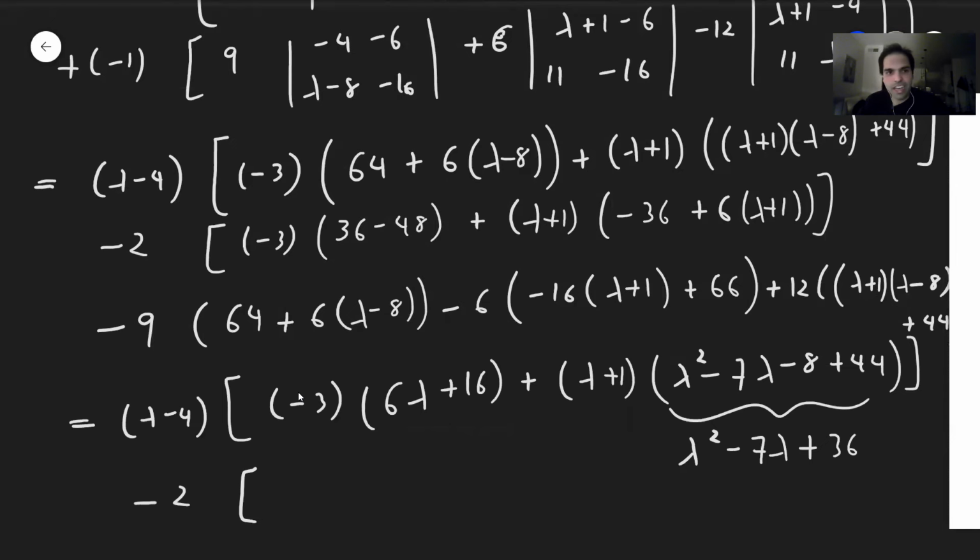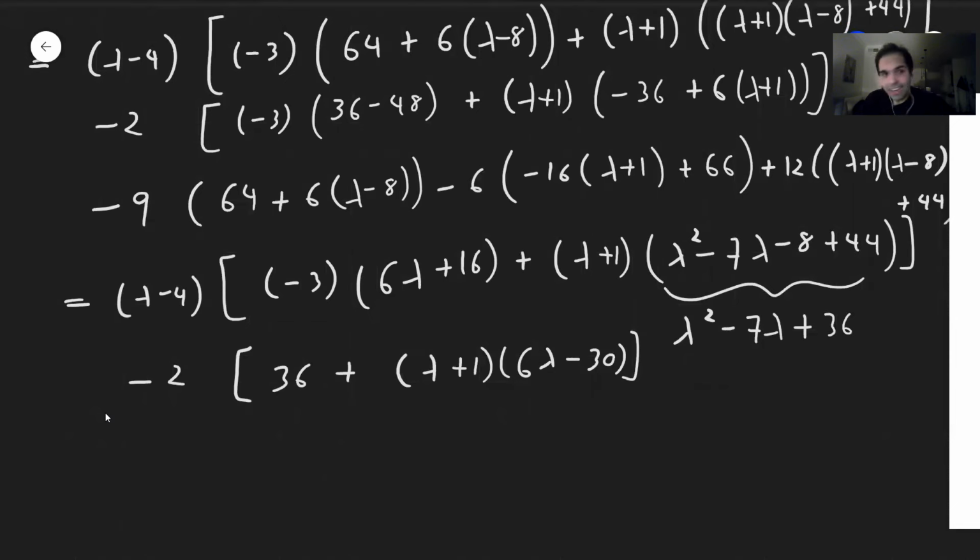And then what we get, so minus 2, and then so 36 minus 48, that's minus 12 times minus 3, that is 36. And then plus lambda plus 1, so 6 lambda plus 6 minus 36, so minus 30. And then, oh my God, this is so long.